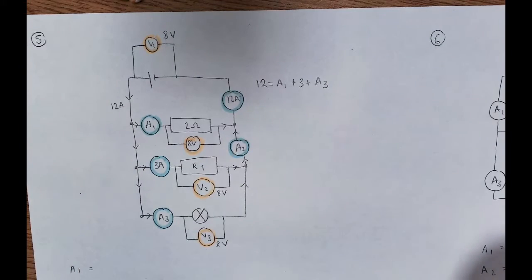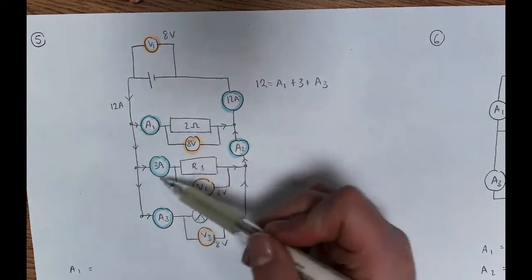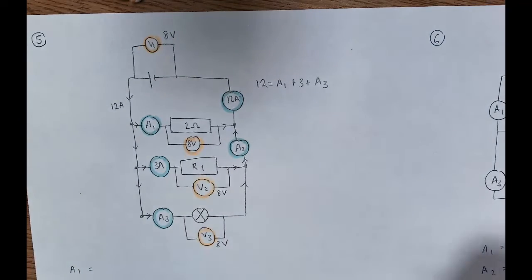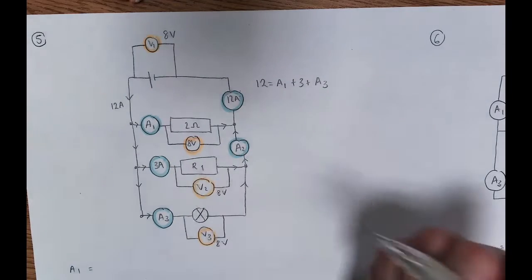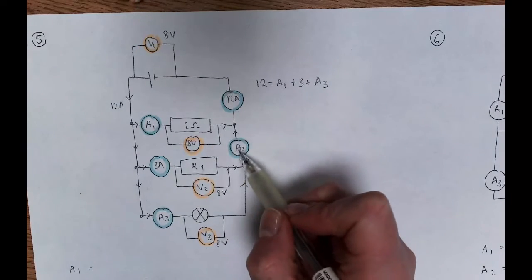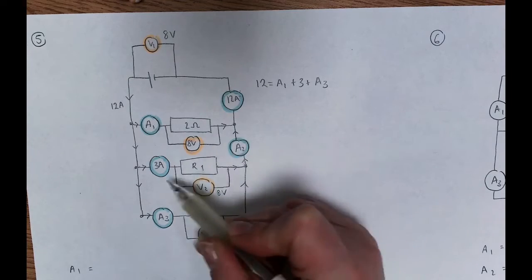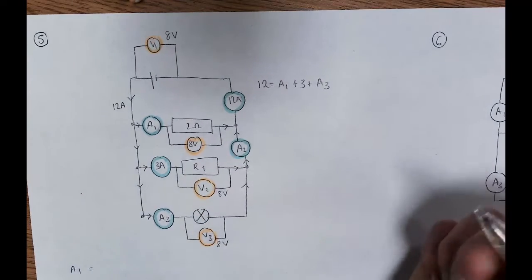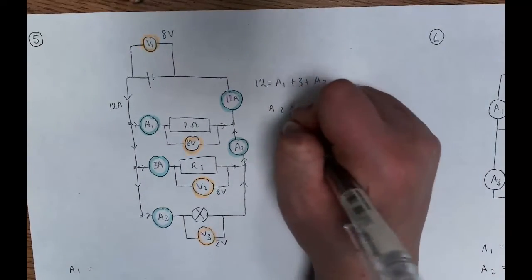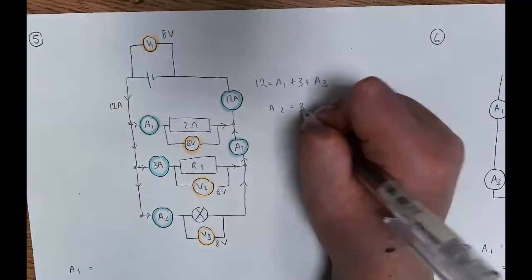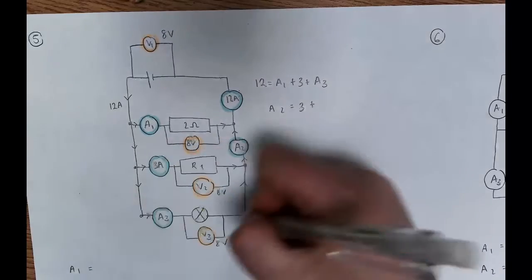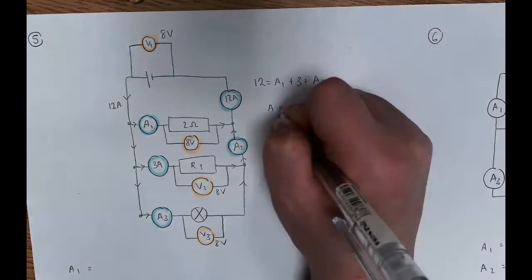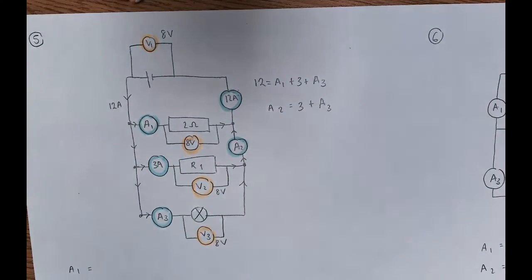Okay, because those are the currents that are splitting later on. We also know that A2 has come from the 3 amp and the A3 value. So A2 is equal to 3 plus A3. So those are things that are known.